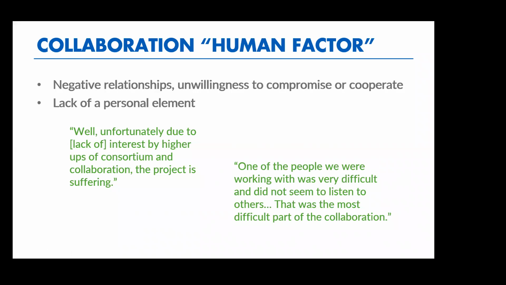Okay, so the collaboration human factor. This is the flip side of the enabling factor that I mentioned before. When people are willing and cooperative, it can be very positive, but when relationships between individuals are strained, or when they're unwilling to compromise or unwilling to cooperate, or even sometimes a relationship just doesn't have to be negative, but if it's missing a personal element, so if you're always emailing with somebody and you've never met them in person, that can be a hindering factor.